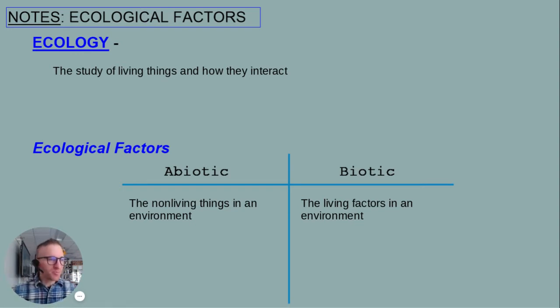Now, biotic examples are often really, really easy for students to identify. If we're looking at a given area, think about your own backyard or the local park or something like that. Thinking about the biotic factors is really easy.